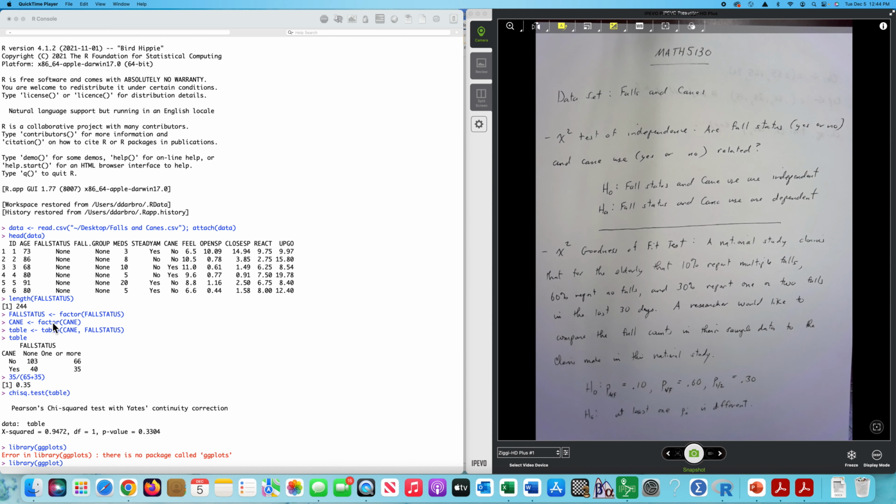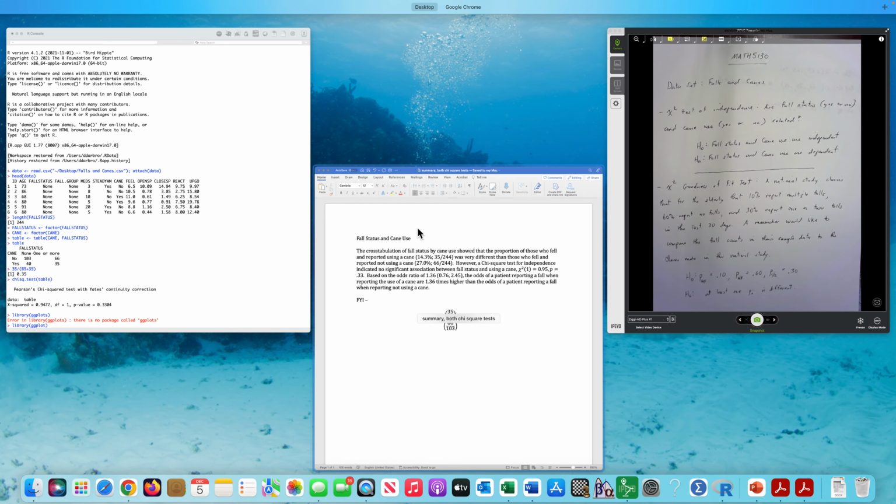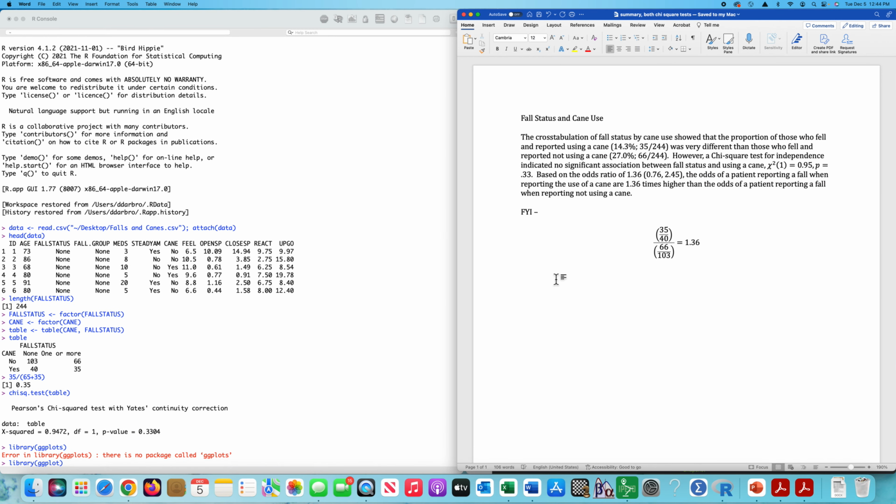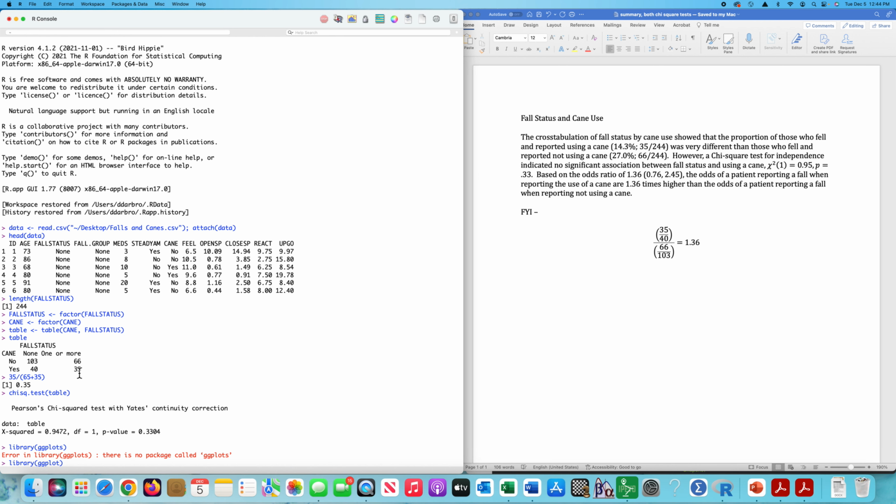Now I want to show you the way that I would write this up. This is just an FYI; you wouldn't include this in your write-up. But if I was going to analyze fall status and cane use, I would say that the cross-tabulation of fall status by cane use showed that the proportion of those who fell and reported cane use was 35 out of the 244, so that's 14.3%.